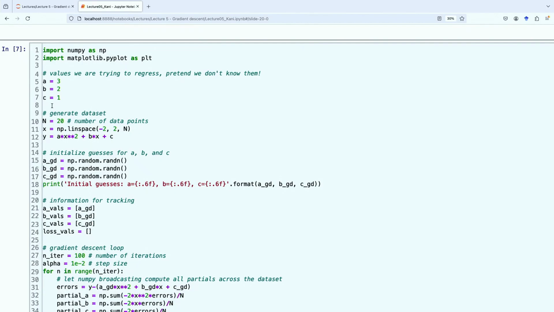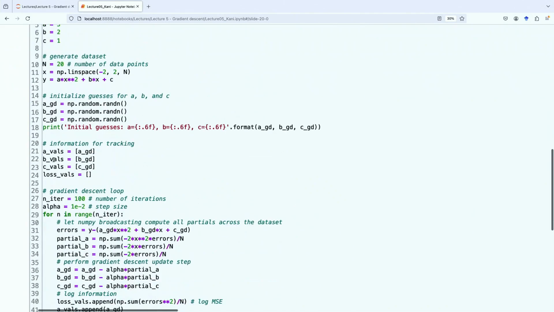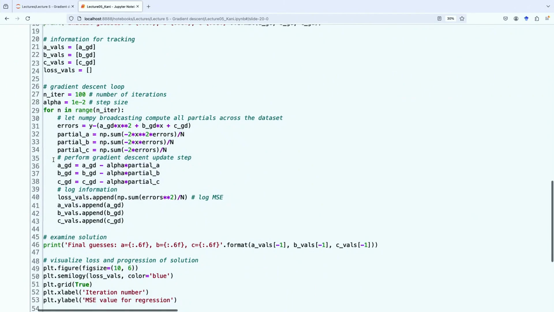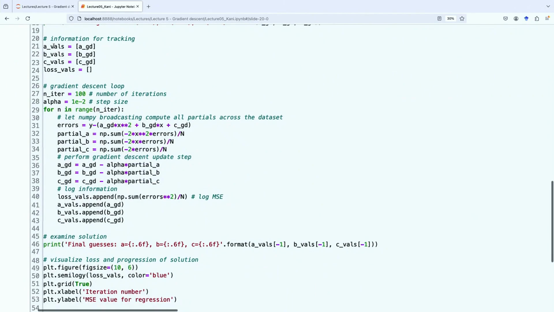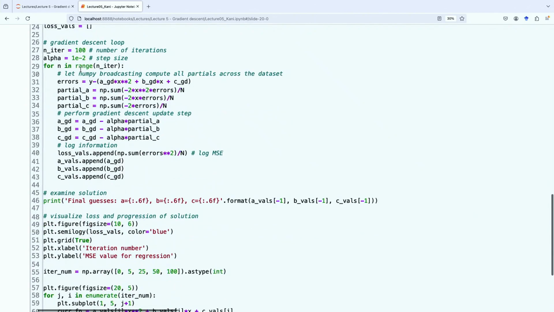Let's see if we can recreate this function, starting by initializing A, B, and C to some random values. This is just to record the values as the gradient descent occurs, and then we calculate the error, and then we calculate the gradient for each of the parameters, depending on the value of y.